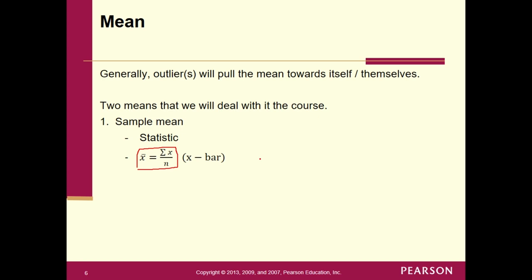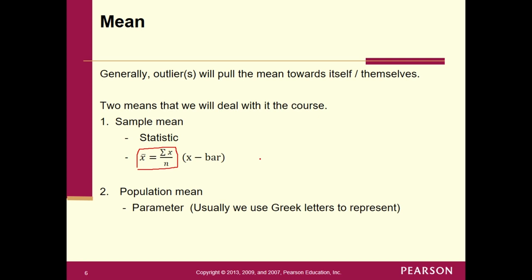Please memorize that ASAP. Then we have a population mean. That's a parameter. And parameters usually get Greek letters to represent them in statistics. So pretty much if you see a lowercase Greek letter in statistics, it's usually because it's a parameter.